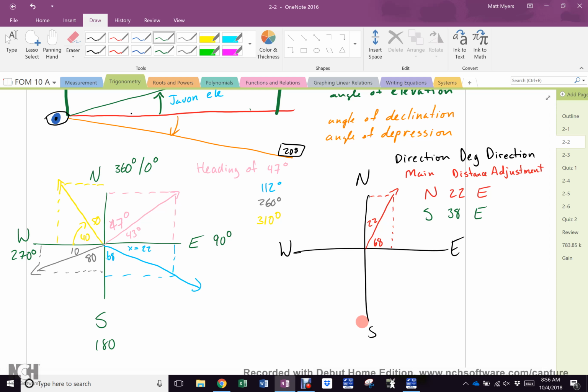In the real world, it's to the left. Everybody understand that? So my line would go down here, yes? Where would the 38 be? On the left or the right of that line? Left, because the adjustment was 38 to the east. If I want to do trig, what is this side? 52. Is everybody good?